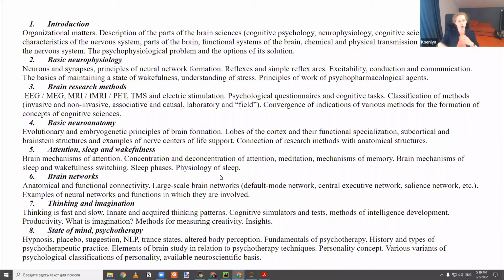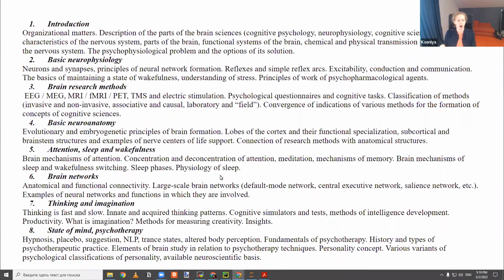Then we'll have a lecture about attention, sleep, and wakefulness. So about all these mechanisms connected with attention, some special brain networks, and sleep phases, and physiology of sleep. After that, we are going to have the lecture about brain networks. There we will have two parts.